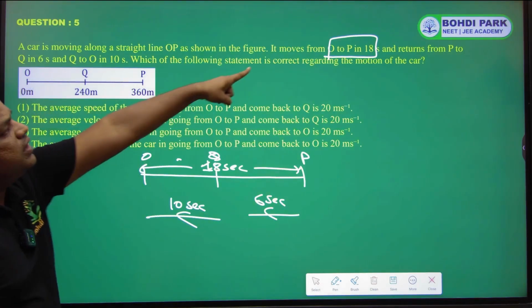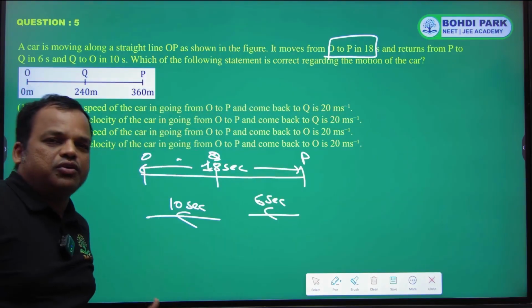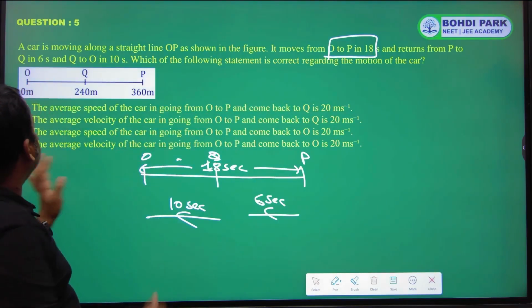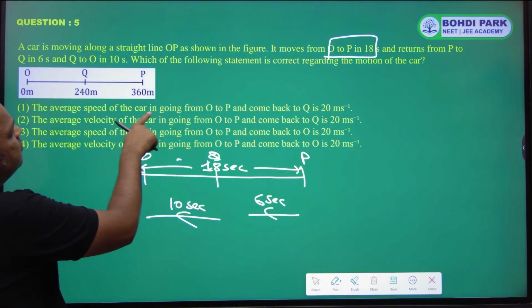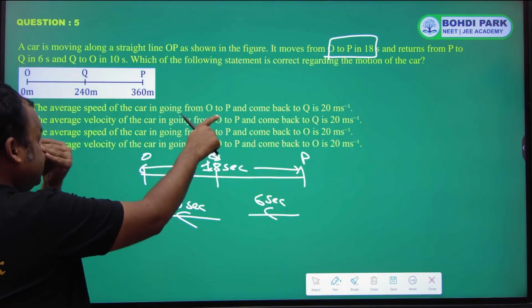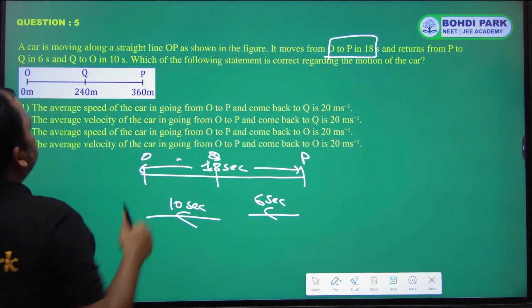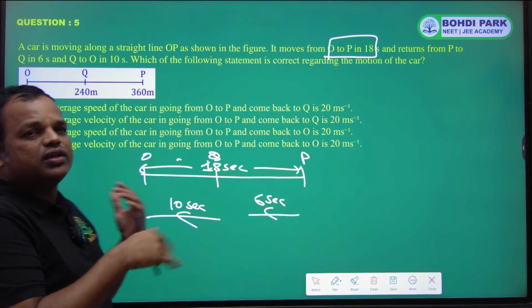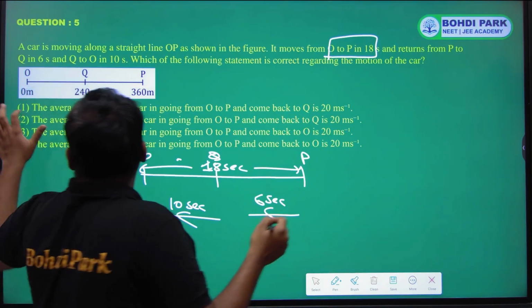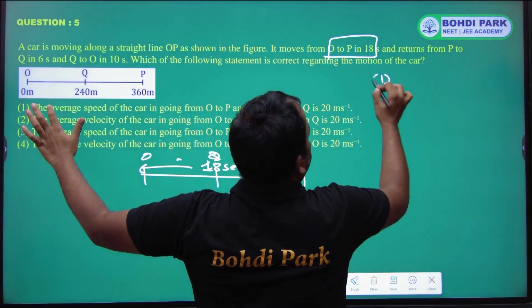Which of the following is correct regarding motion of the car? We have to find the average speed of the car going from O to P and coming back to Q is 20 meter per second. Basically the entire journey. So let's check the first.